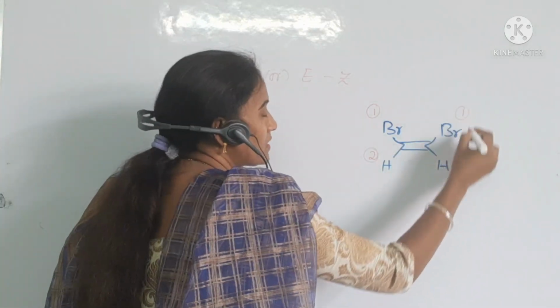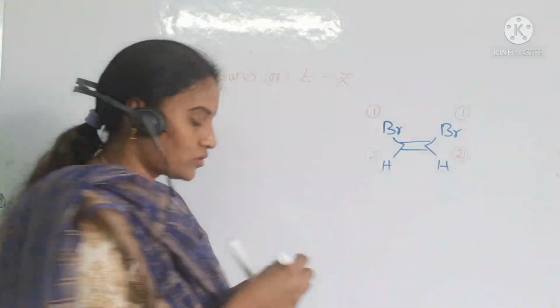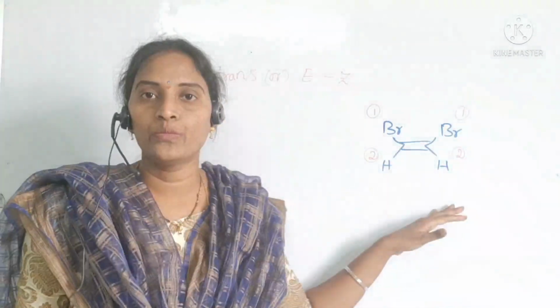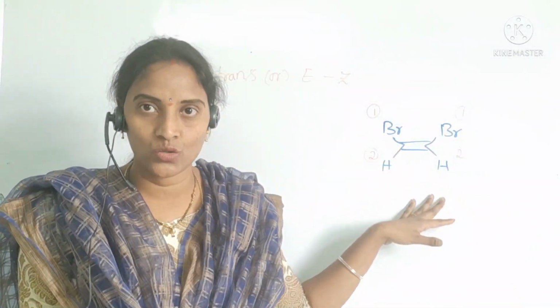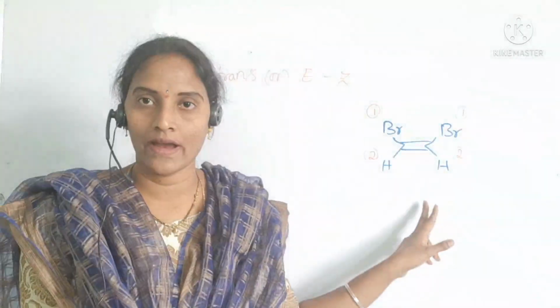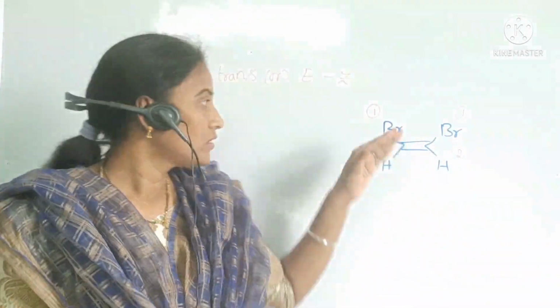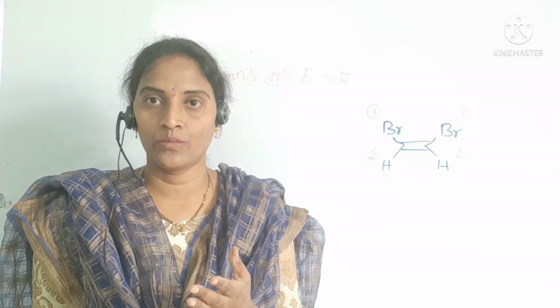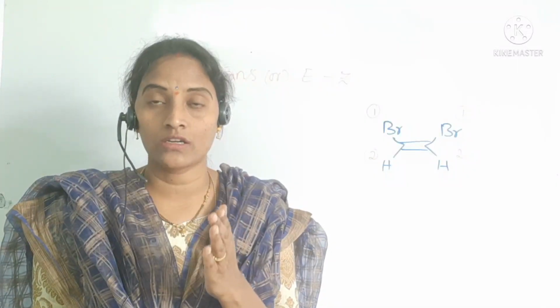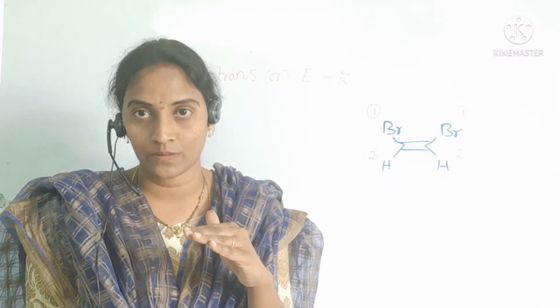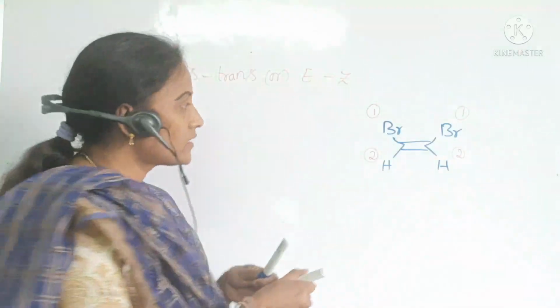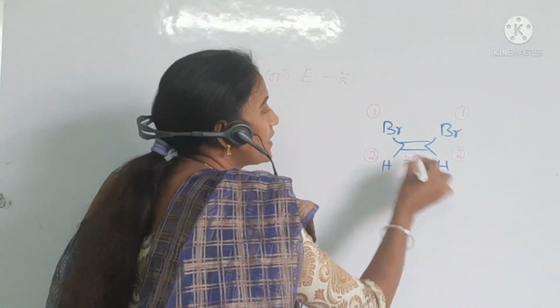Here also bromine gets first, hydrogen gets second preference. After giving priority to the groups attached to both ends, if the similar priority groups are present on the same side, that is nothing but Z configuration.